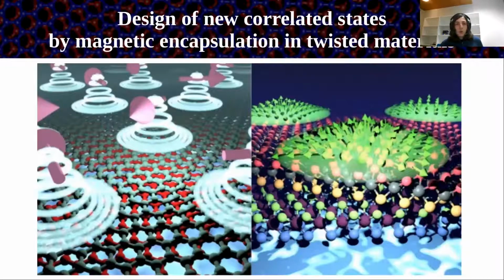So let's start with the first part, how we can design new forms of correlated matter by bringing these new ingredients to twisted van der Waals heterostructures, in particular magnetic 2D materials that we use as encapsulation. And at this point, there's of course one question that you can ask yourself: we have seen a huge family of twisted van der Waals materials.